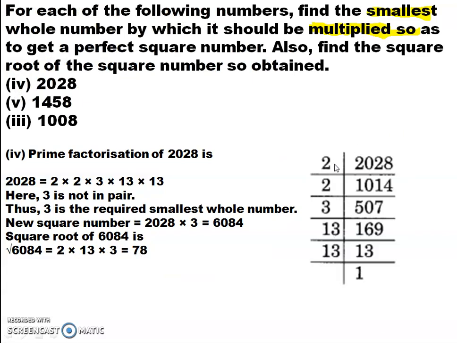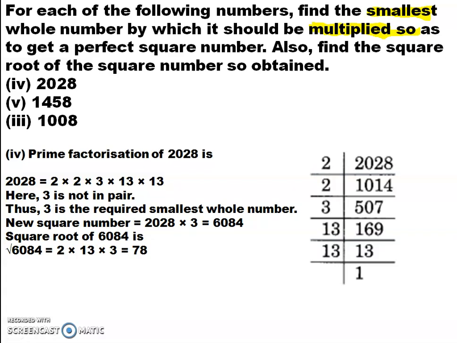If you divide 2028 by 2, you'll get 1014, divided by 2 is 507, divided by 3 is 169, divided by 13 is 13, 13 divided by 13 is 1. So the prime factorization of 2028 is 2 into 2 into 3 into 13 into 13.